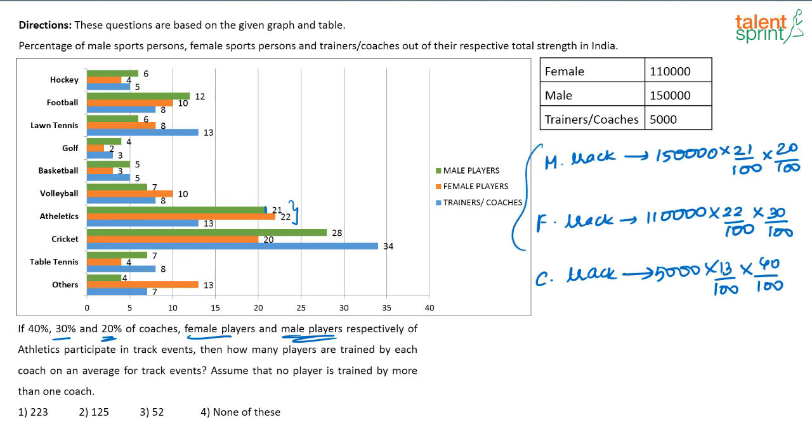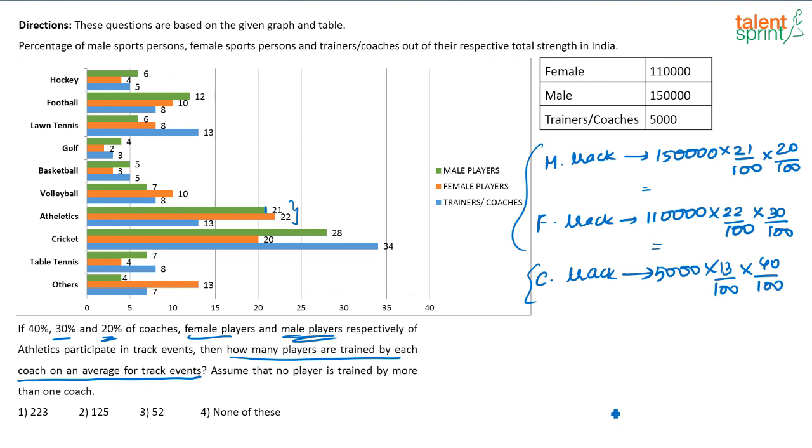When you add these two, you will get the total number of sportspersons who are participating in track events, and you will get how many trainers are there using this. Find the total number of sportspersons divided by the number of coaches. That's what they are asking, right? How many players are trained by each coach on an average for track events? So what is the answer that you get here? Find out how many male members are participating in track events.